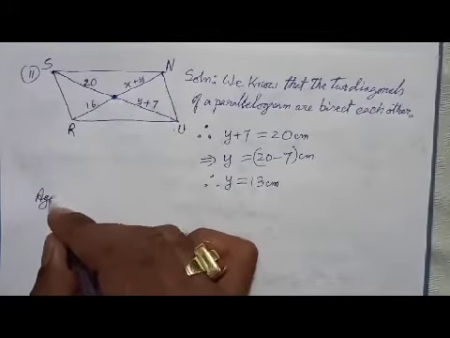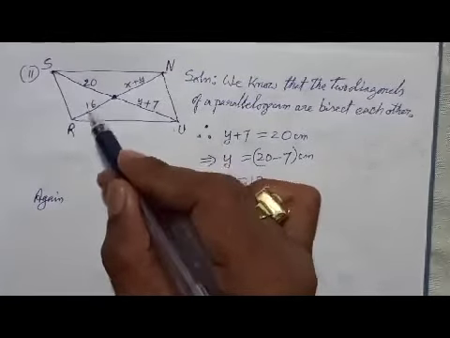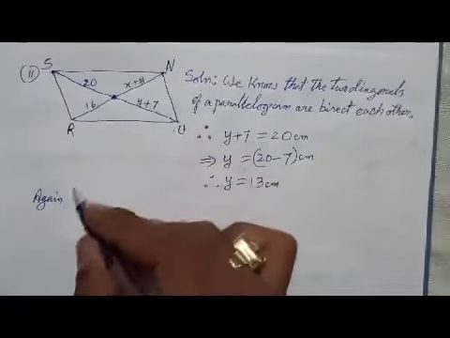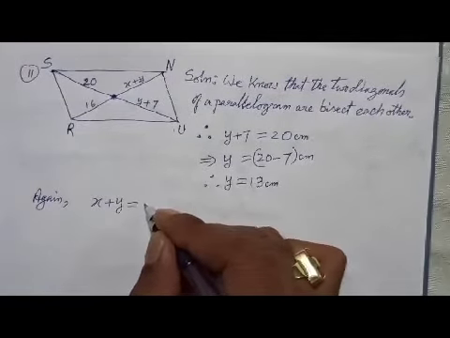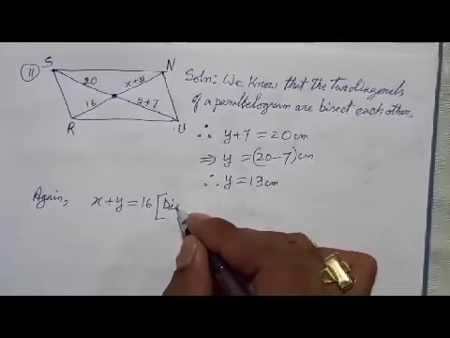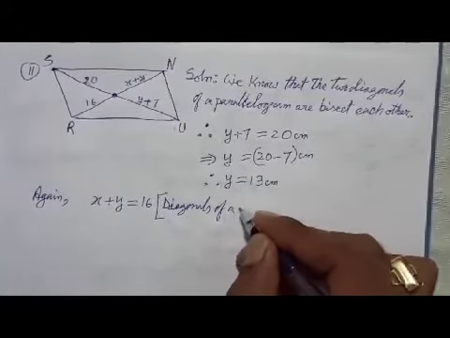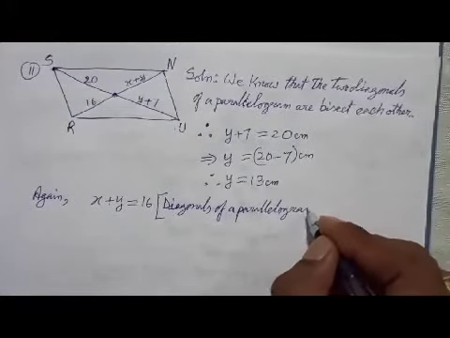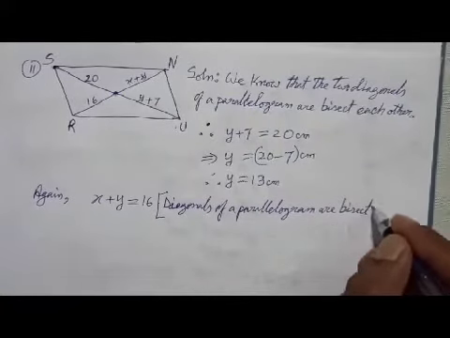Again, this point will be the middle point of RN, and that means x plus y will be equal to 16. x plus y is equal to 16. Diagonals of a parallelogram bisect each other.